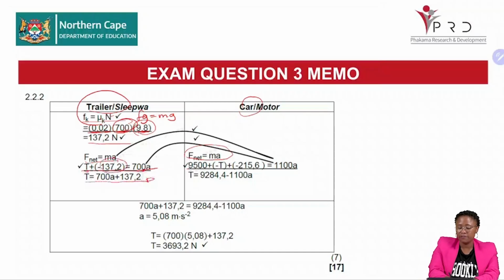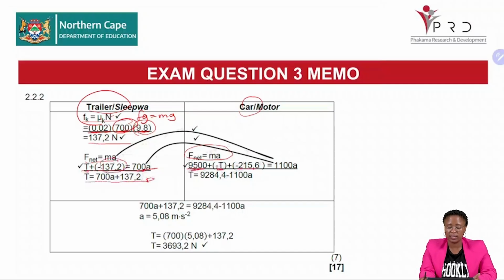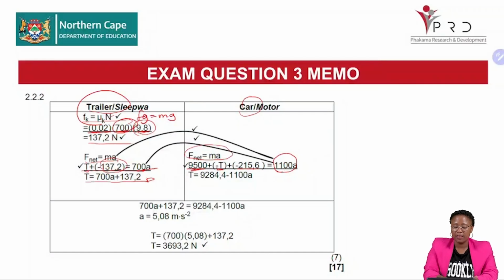Again here, for the car, your Fnet has your 9,500, which is the force applied by the engine. You have the tension, that is what we are looking for, and then you have the friction force as you are given, 215.6. Then you have the mass of the car, and then what is left for you is to do your maths and equate T again for the car.